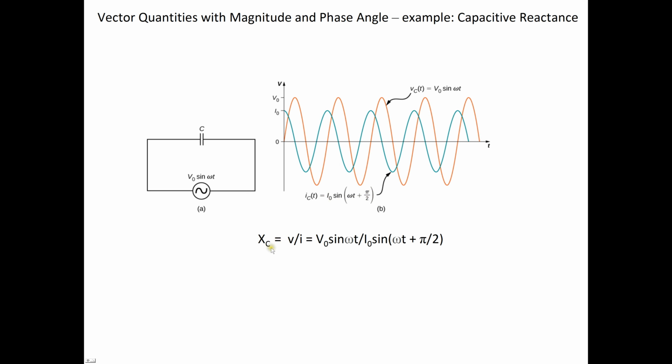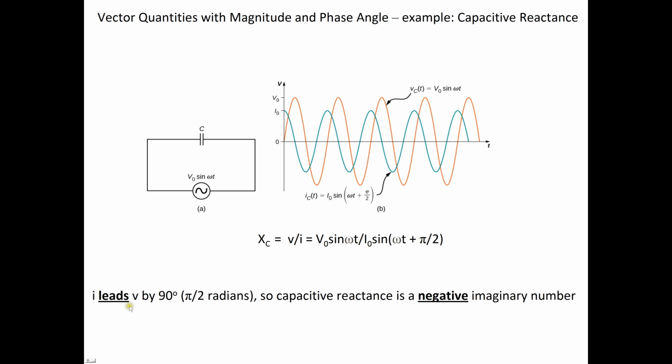Now, reactance is an electrical term which is similar to resistance, but it's for a capacitor or inductor. The reactance, usually symbolized by the letter X, the capacitive reactance X sub C, is the voltage waveform over the current waveform, and that is V0 sine omega t divided by I0 sine omega t plus pi over 2.